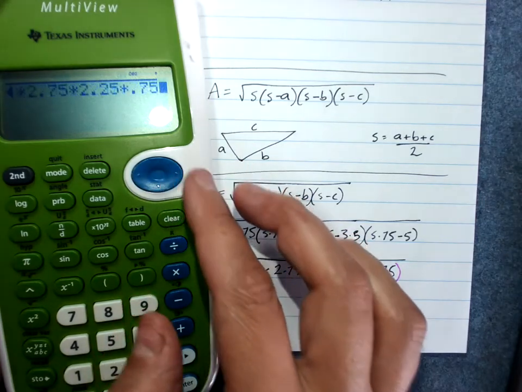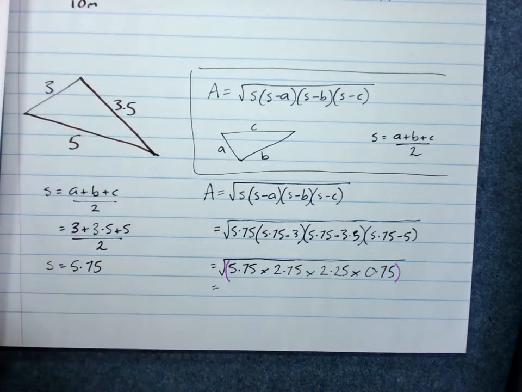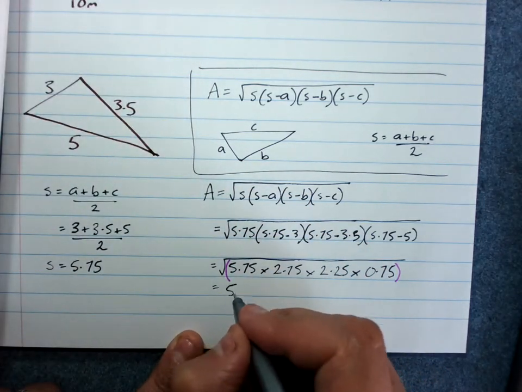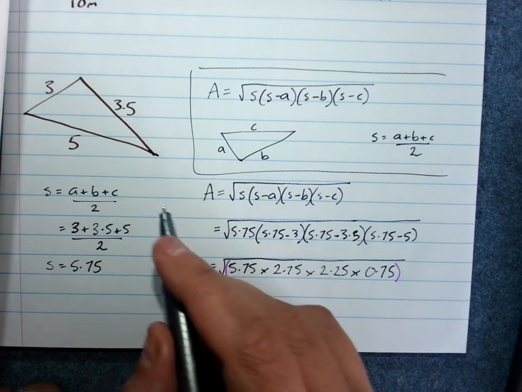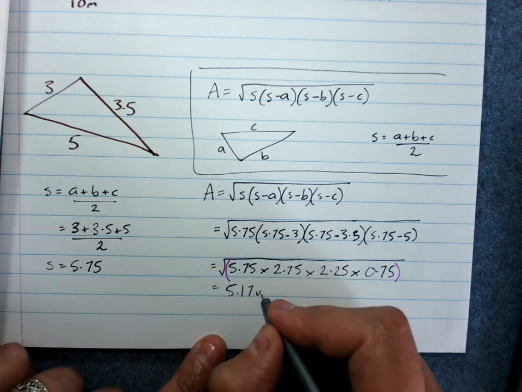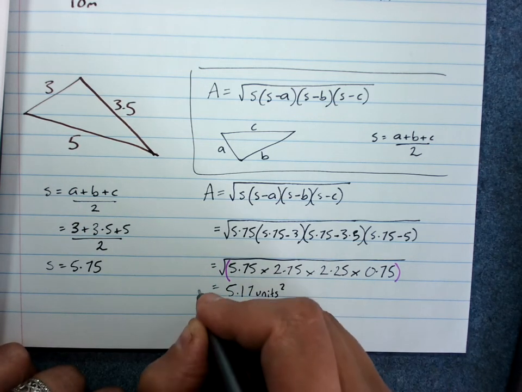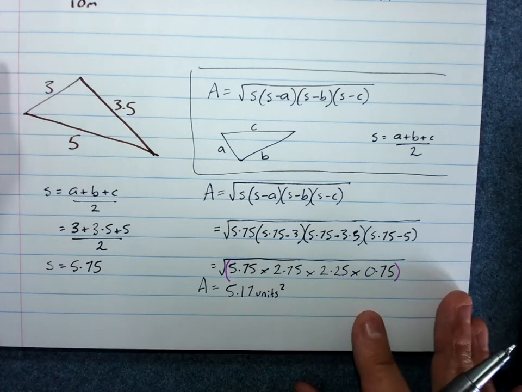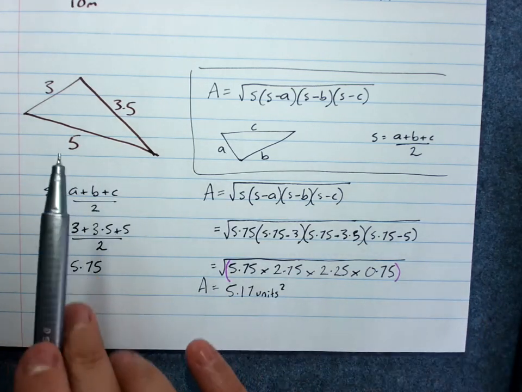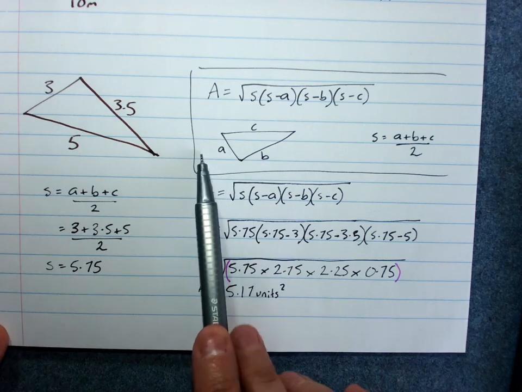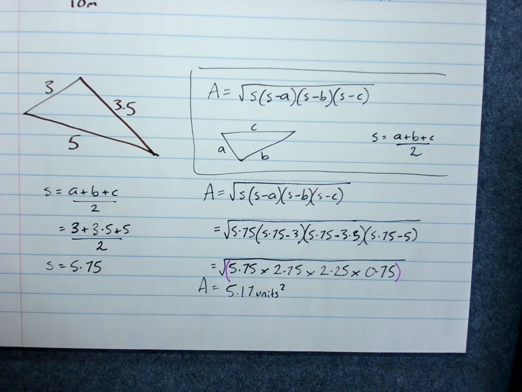Oops, I don't need a bracket. So the area of this triangle is 5.17, and I didn't give units, so I'd write units squared. So that's Heron's formula, and it's used when I know all 3 sides of a triangle and it's not a right angled triangle.